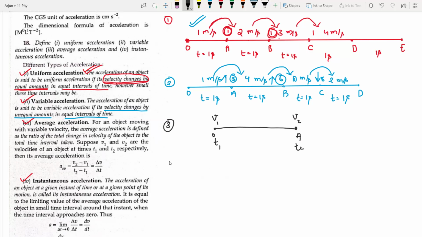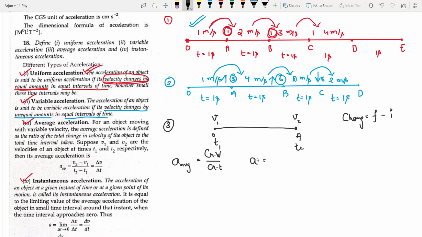Now, what is average acceleration? Average acceleration is equal to change in velocity upon change in time. So a is equal to, what is change in velocity? As I told, change is nothing but final minus initial.